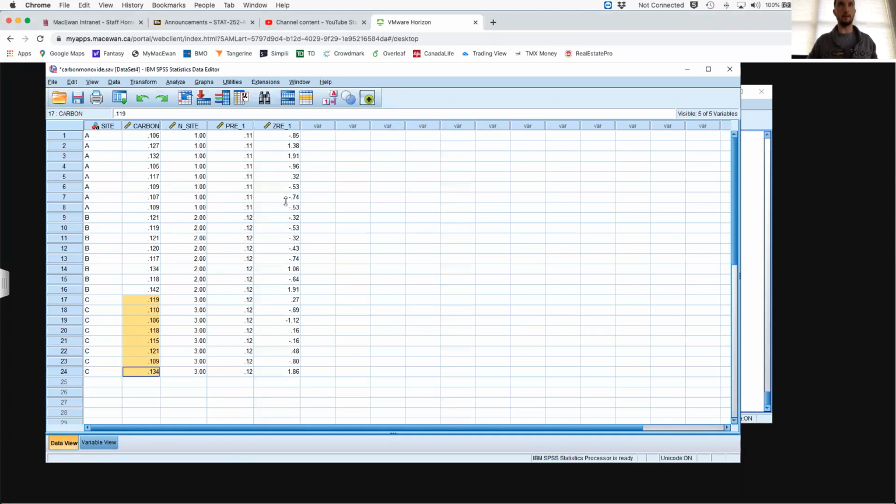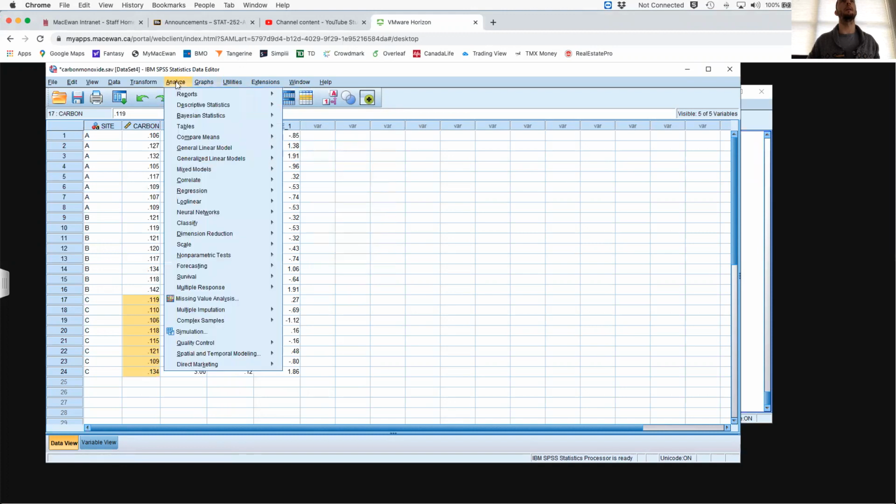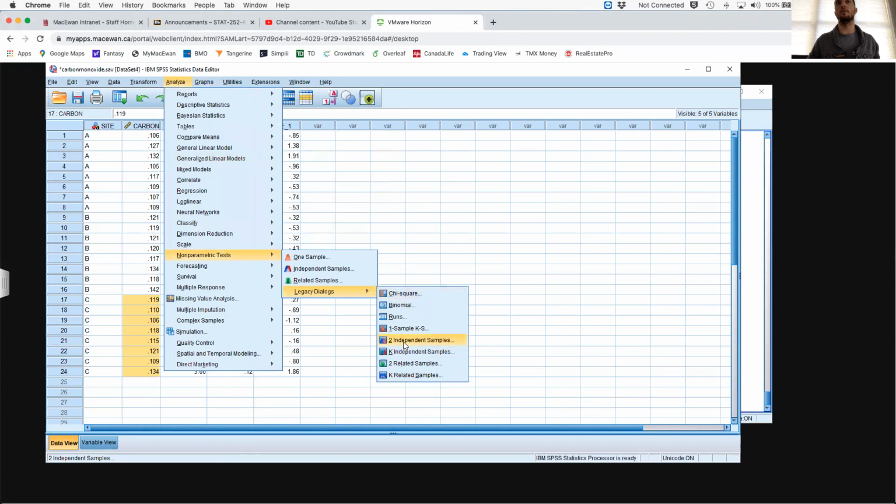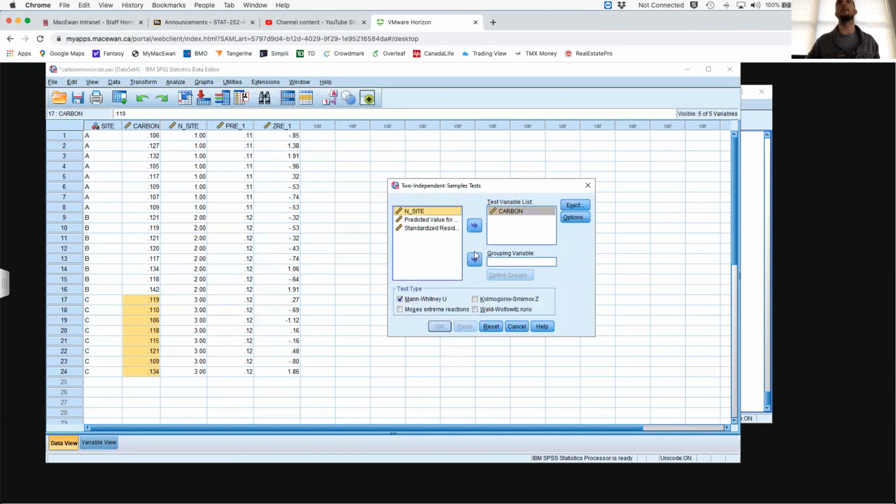We're running individual rank-sum tests in this case. So we go Analyze, Nonparametric, Legacy Dialogs, 2 Independent Samples. Carbon and site, and then in Define Groups, we'll start with variable 1 and variable 2. This is the comparison of 1 versus 2.